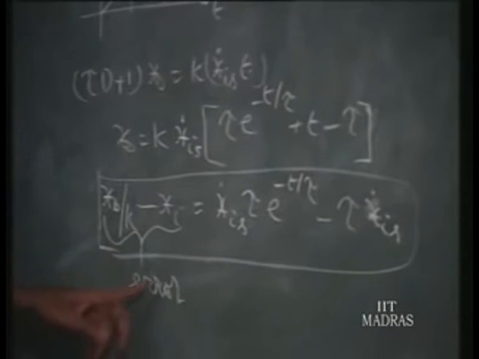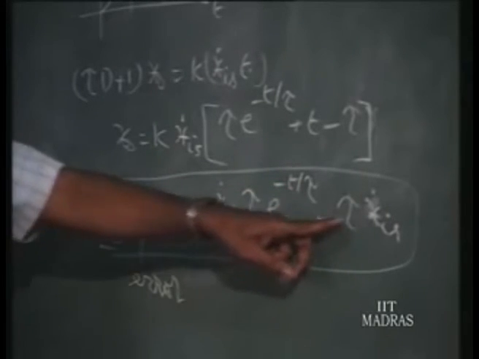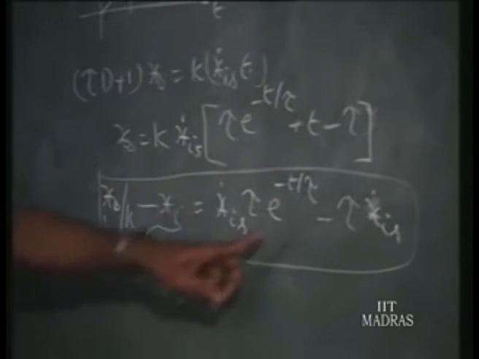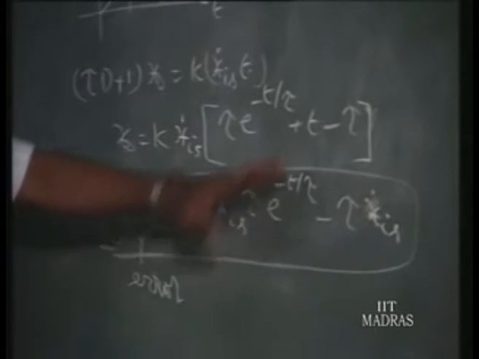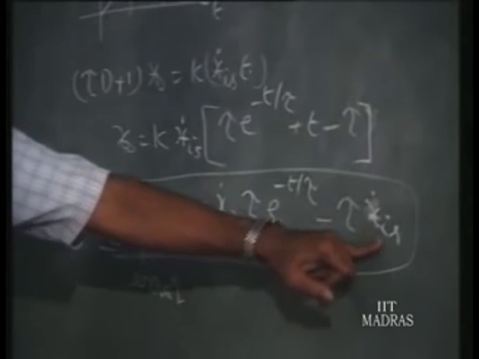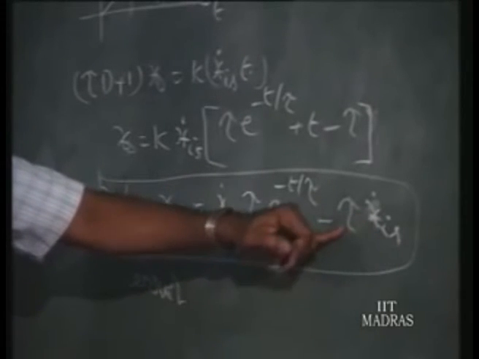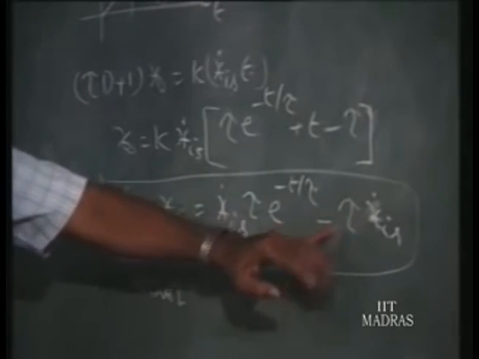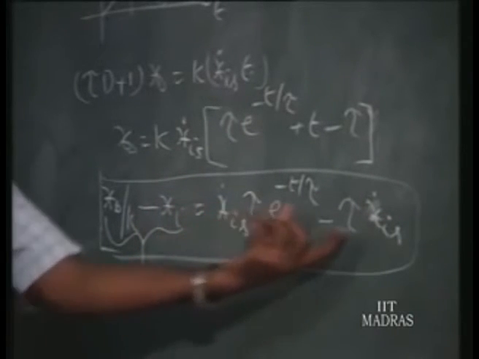Xo by k minus xi, the error, is equal to ẋis into τ into e to the minus t by τ minus τ ẋis. This is a function depending upon time at any instant, and when t becomes infinity, this term disappears and finally it settles here. So τ into ẋis, velocity of the input signal into seconds, will give the input signal dimension. This will be the steady state error. This is transient error and steady state error.